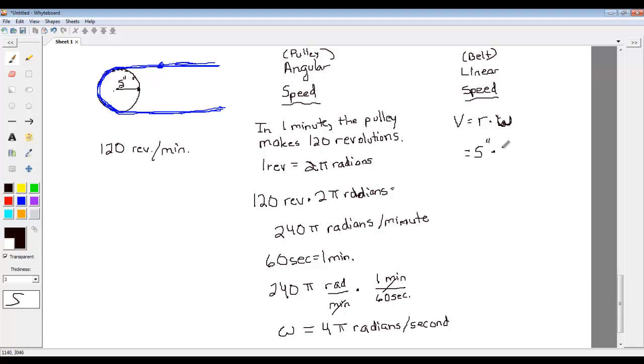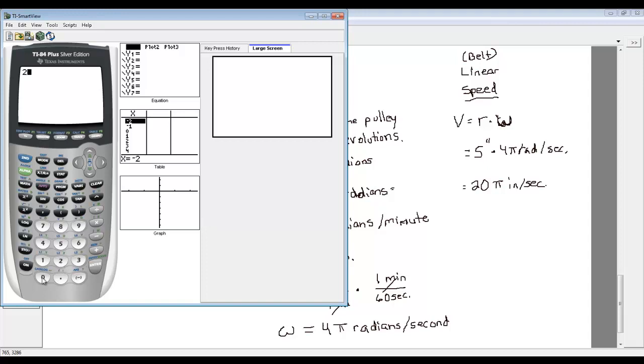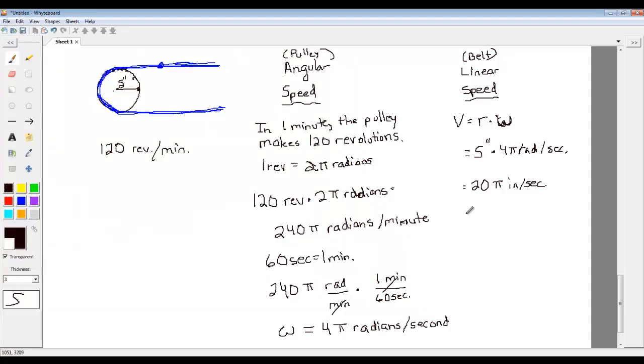Times the 4 pi radians per second, you're going to get 20 pi inches per second. If you multiply 20 times pi in your calculator, you get around 63 inches per second.